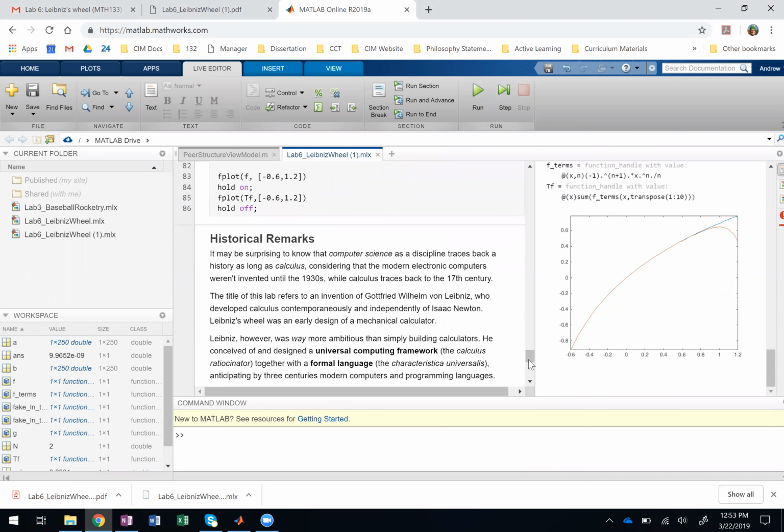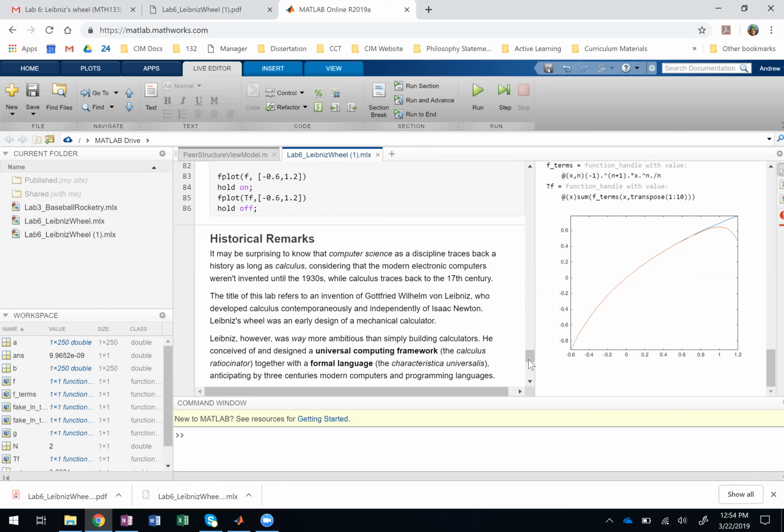And so we have this really nice graph over here that tells us that right around x equals 1, this Taylor polynomial, the red line, is sort of peeling off from the graph of natural log of 1 plus x.